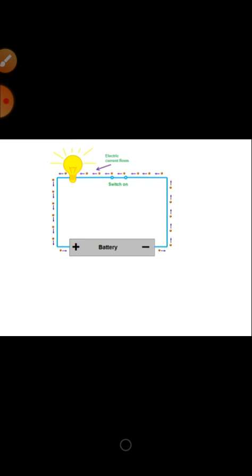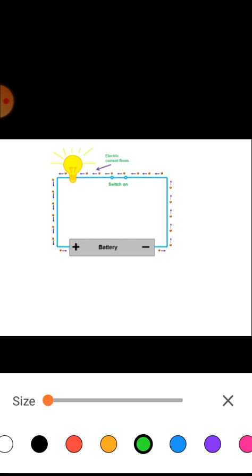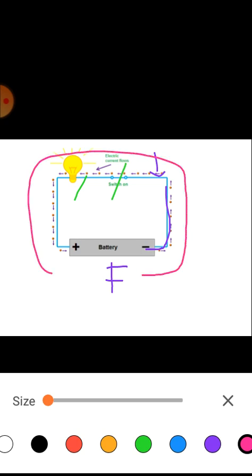One simple circuit diagram is shown here. In this circuit diagram, a battery is connected to a lamp through a switch. The conductor used here is, for example, copper. If I start the battery, a force is applied to the electrons present in this conductor, so they start moving in one direction, in the anti-clockwise direction.